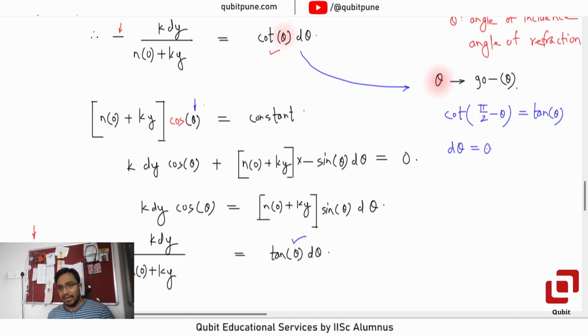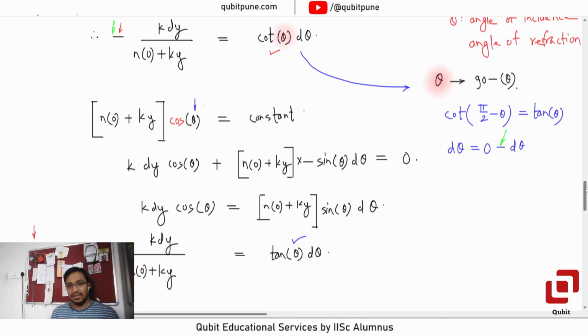Pi by 2 is a constant, so it will be negative d theta, right? So this negative sign here takes care of this negative sign, and therefore both the expressions are equivalent. Have you understood this now? So that negative sign is taken care of by the substituted theta.